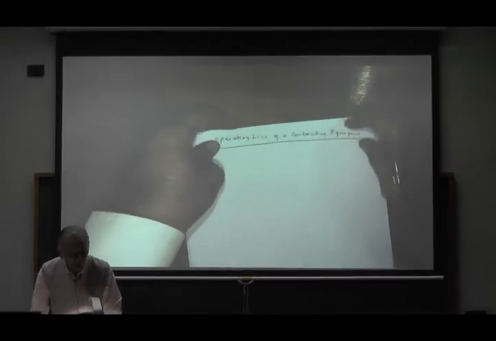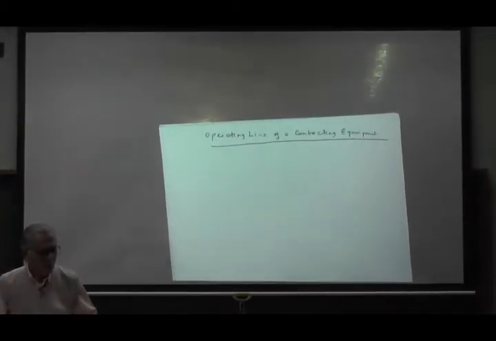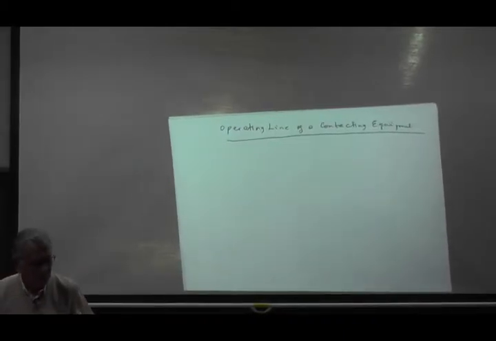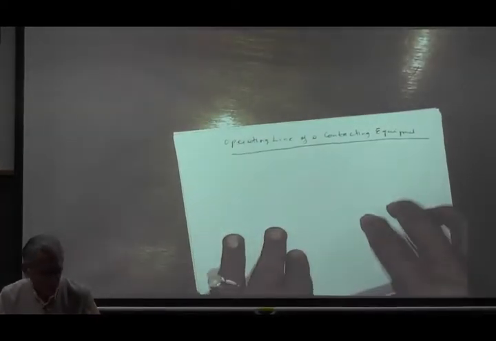Now the equations which we will develop are very general, in the sense that in this course and the next course, you will be looking at various different types of contacting equipment, like absorption columns, tray columns, distillation columns, extraction columns, and so on. The equations which we develop would be valid for all types of equipment. These are simple mass balance equations.